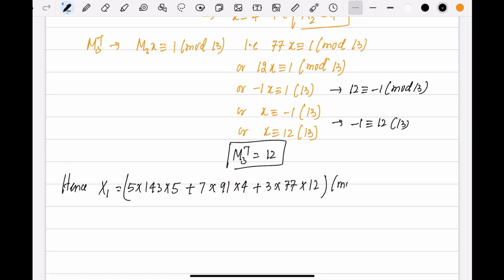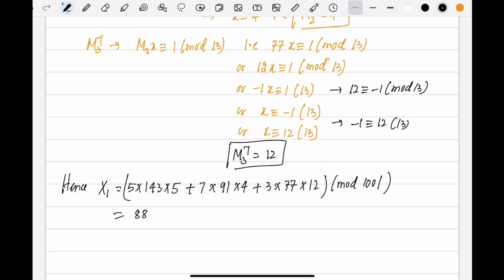Now we have to calculate this whole thing modulo 1001. So now let me add up all these numbers.